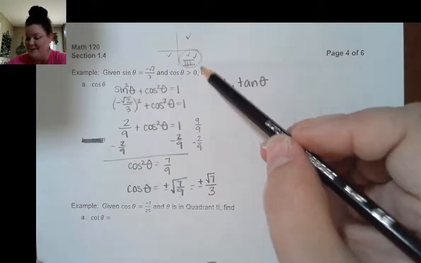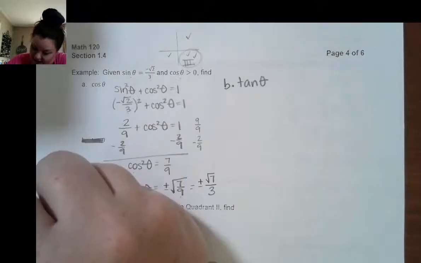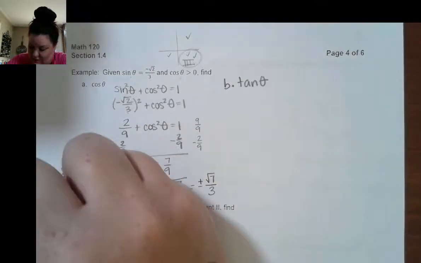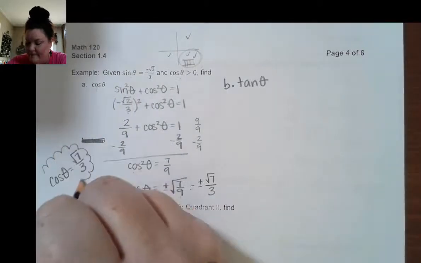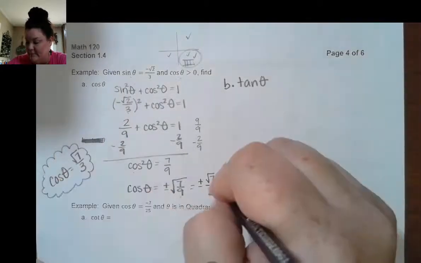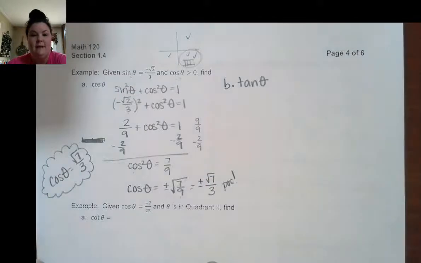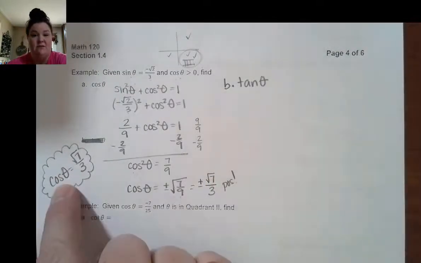We want the positive. So this tells us that cosine theta is equal to the square root of 7 over 3. Right, positive.